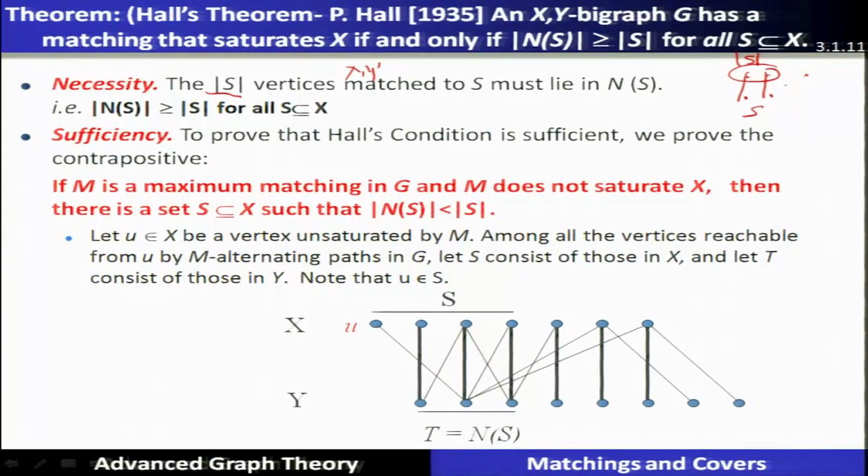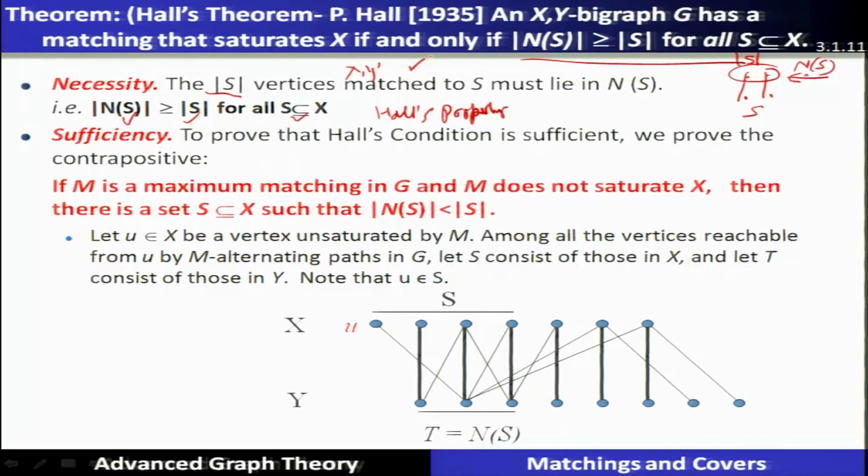So, this neighborhood of S has at least S number of elements present, for all S which is a subset of X. Hence, this particular property, Hall's property, is satisfied, that is, the necessity condition is followed.